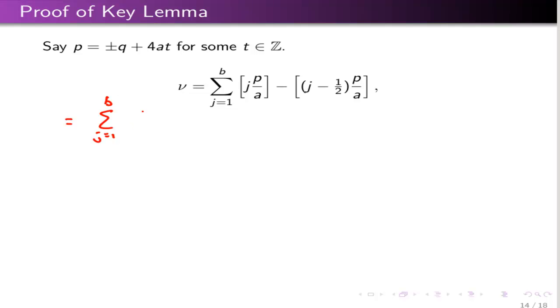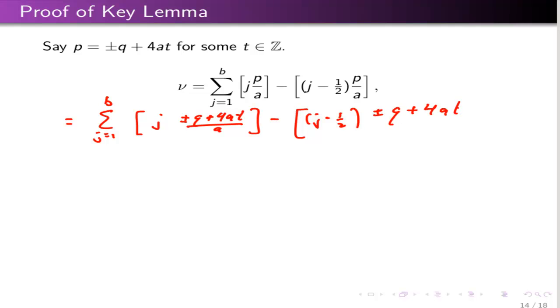The sum over j equals 1 to b of the bracket of (±q + 4at)j over a, minus the bracket of (j - 1/2)(±q + 4at) over a.